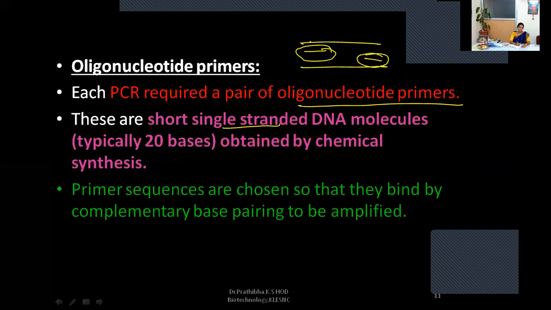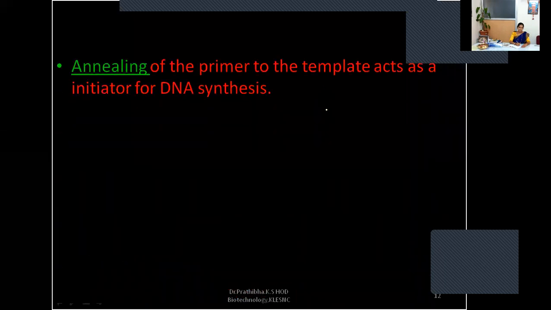Again, in vitro, we can synthesize the primers. You can also have a look at primer designing. Primer sequences are chosen so that they bind by complementary base pairing to the sequence to be amplified. It means the DNA which you are willing to amplify, to the ends of that DNA fragment these primers go and attach. As I already explained in detail, there are two types of primers: one is the reverse primer, the other is the forward primer.